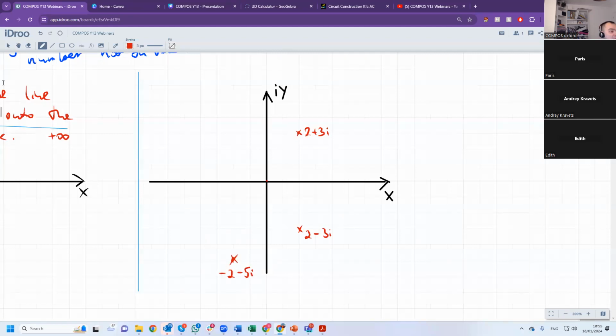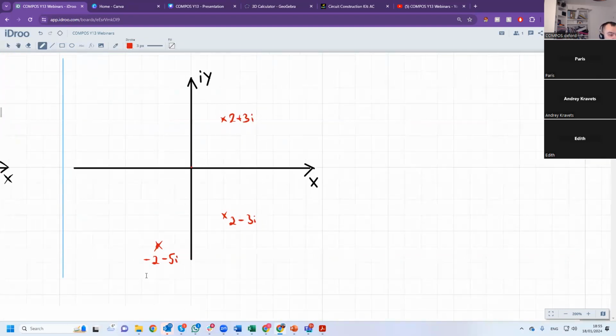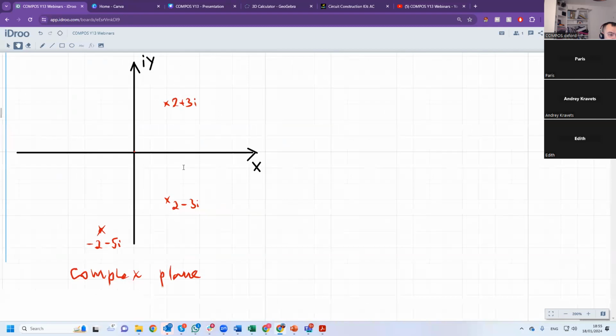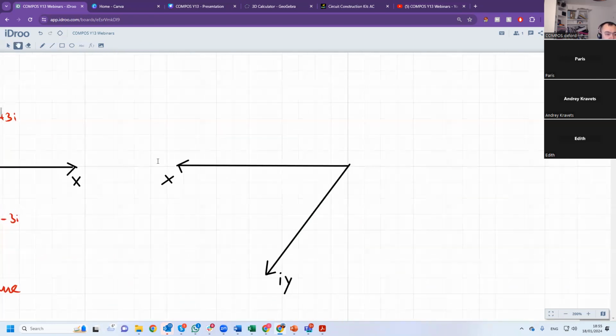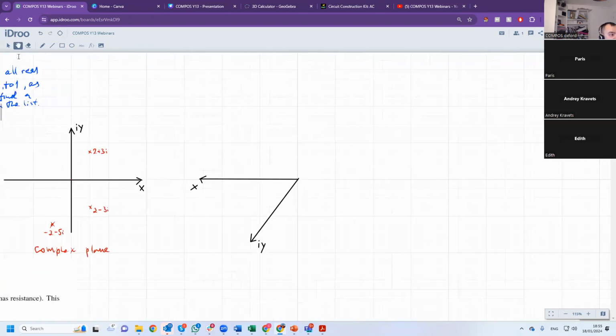Okay. This is the complex plane. And all you need is to draw a 3D picture. So x usually goes to the left, and y usually goes like this, y. This is just in 3D, so I've twisted it.